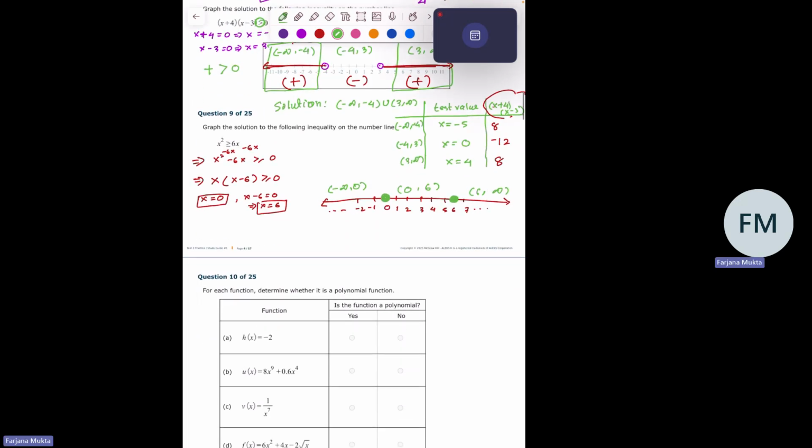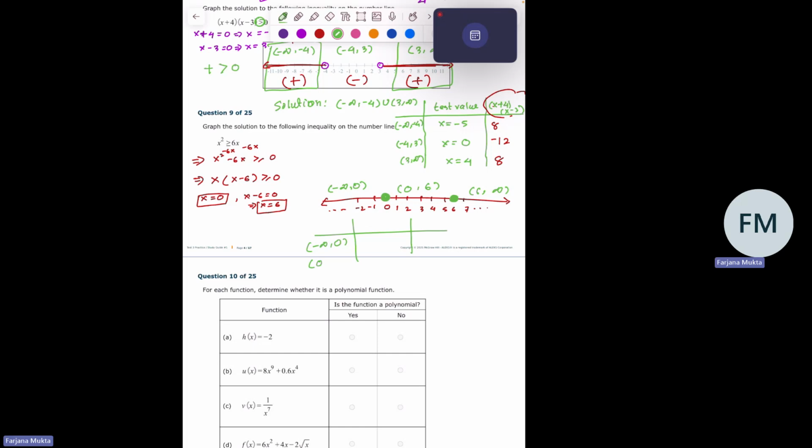All right, and now build this table, and pick some test value, substitute them at x times x minus 6 to check which one satisfy our inequality. And that's, please try by yourself.